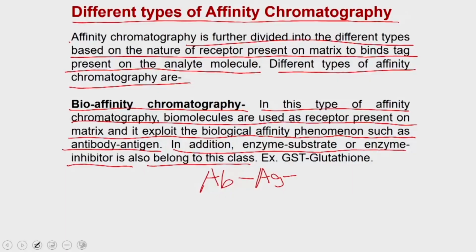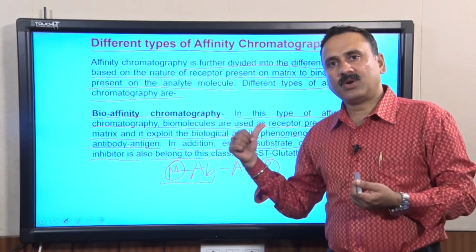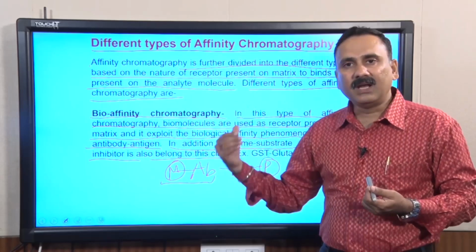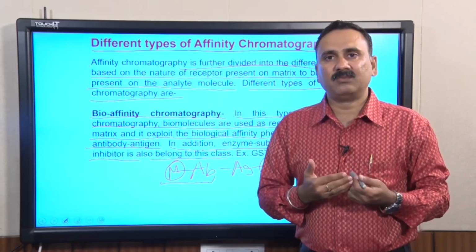So you have the antibody matrix, and you flow the antigen-containing proteins. Then subsequently you add free antigen, which competes with the antigen bound to the antibodies along with the protein, and that is how it elutes the antigen-containing proteins from the column, and you get the purified protein.